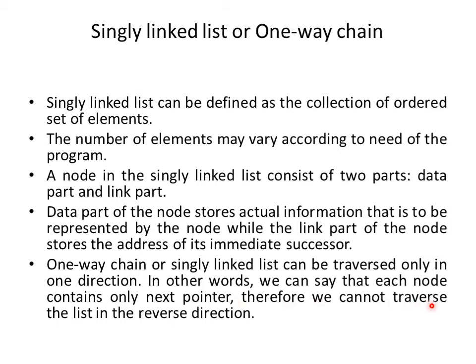Therefore, we cannot traverse the list in the reverse direction. Think of one way as one node and chain as another node. This chain's address is known to the one way, but this chain does not know the address of the one way. Therefore, it cannot travel in the reverse way, that is, from rear to front.